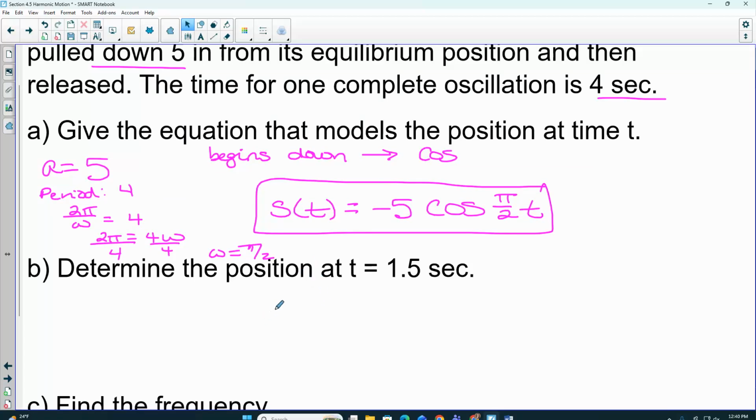Determine the position at t equals 1.5 seconds. I have an equation, and I'm plugging in 1.5 for my time. You can use a calculator, I don't care, but make sure you're in radian mode if you're going to type this in. And make sure you put in the whole thing: -5 cosine pi over 2 times 1.5.